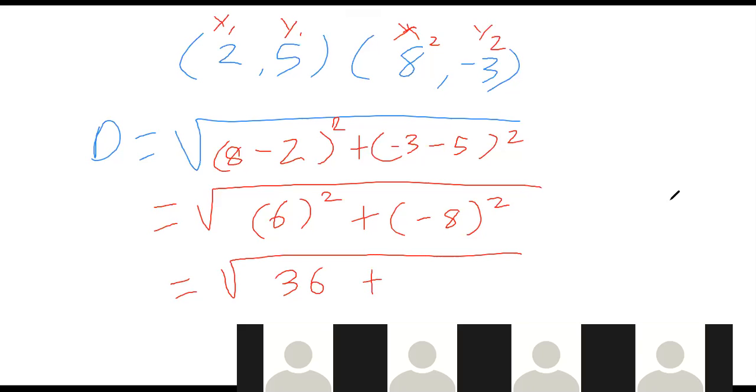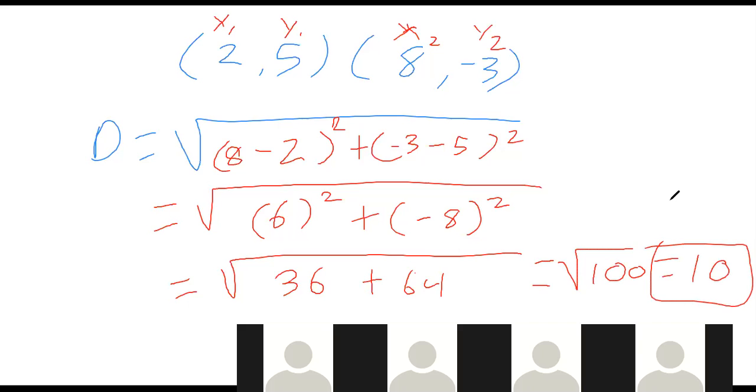Because we have -8 times -8, and a negative times a negative would give us a positive 64. So let's see, 64 and then 36. This actually becomes a little bit easier because that should be 100, and the square root of 100 would be a perfect 10. That was easy.